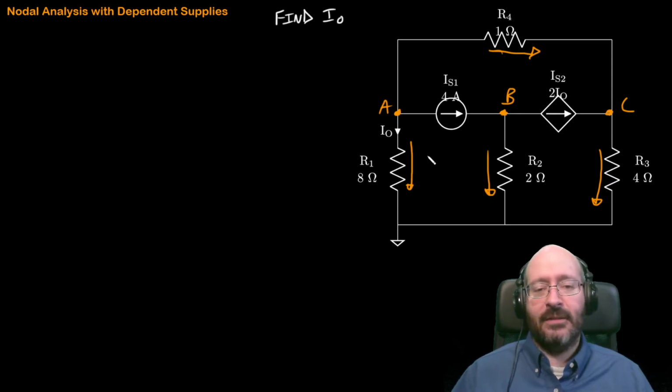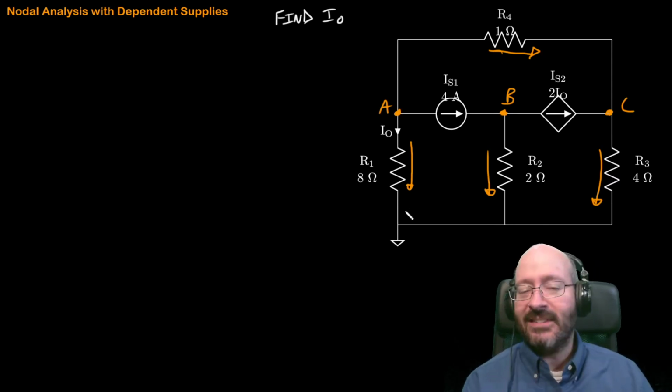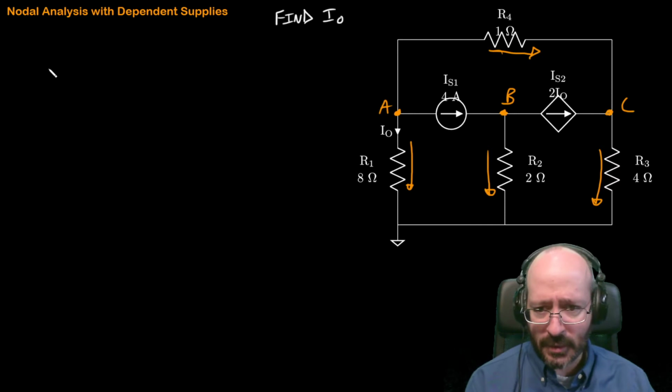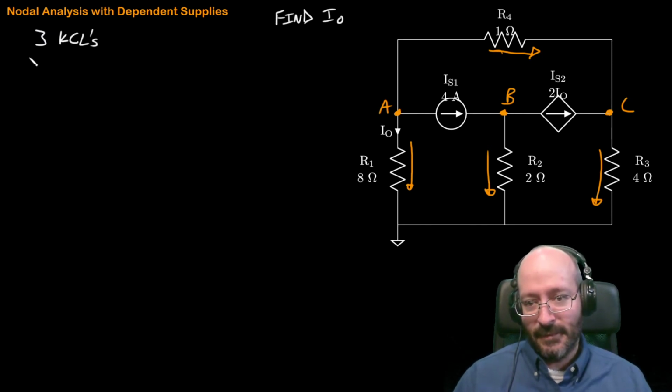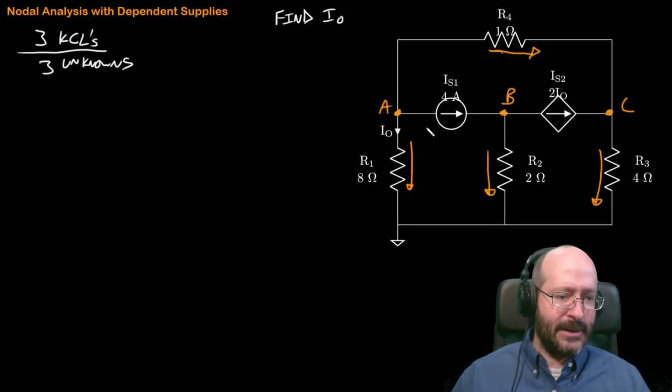There are only current supplies. So we're going to write 3 KCLs in this case. Okay, so 3 KCLs, not red. Let's go with white. 3 KCLs is all it's going to take because that's what we have for unknowns. Okay, so I'm happy with that plan.